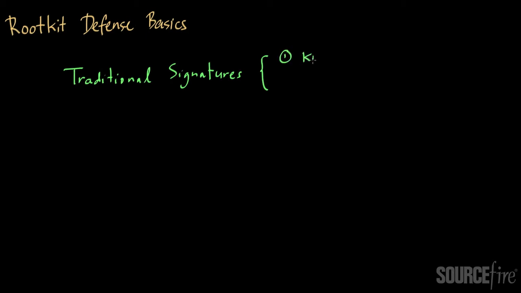You can't apply signature technology to unknown things. That's already a big limitation in many regards, because oftentimes malware is highly polymorphic, and you do see situations in which the same piece of malware might be packaged up in different ways for different people, and that might make it very difficult to detect a rootkit using a signature.